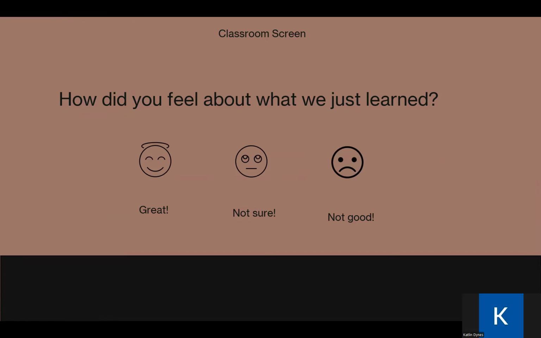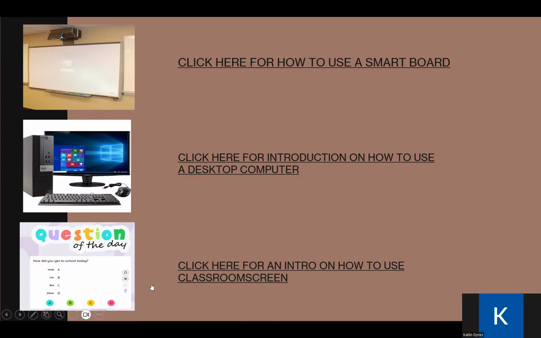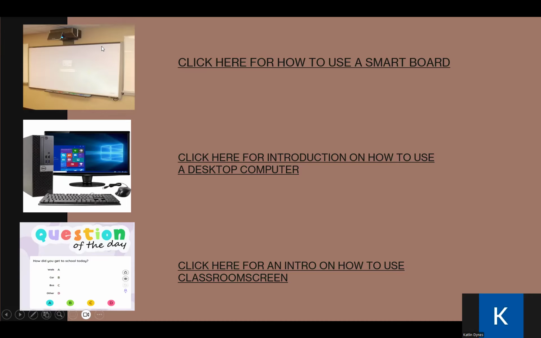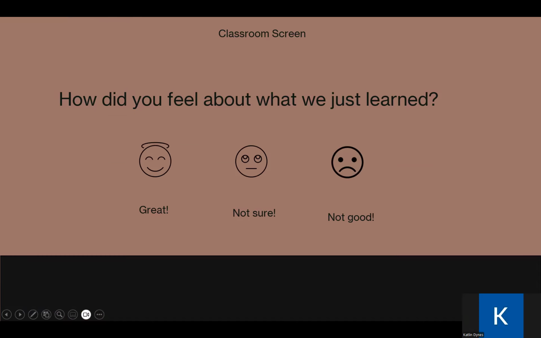For example, this is an example screen. You see back here, the Classroom Screen, you can project this for the whole class. You can ask them questions or gauge how they're feeling about an assignment, which is what I did here. This is just an example question, kind of like an exit ticket on the computer.